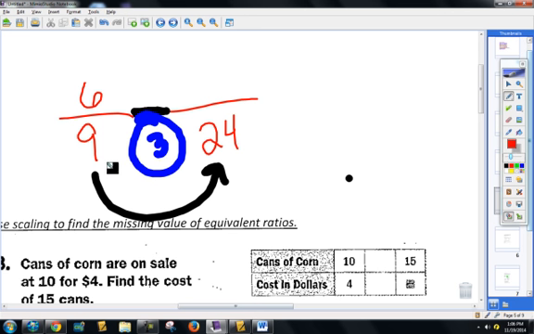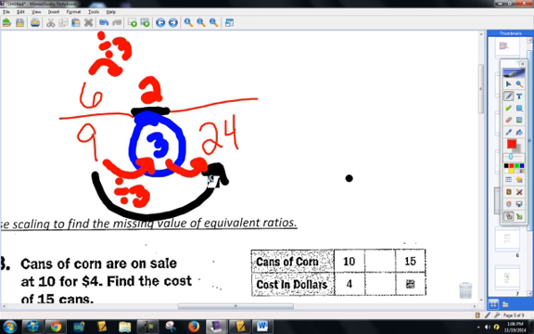What am I doing to go from 9 to 3? Divide by 3. So what do I need to do to 6? Divide by 3. So all I'm doing is creating equivalent ratios, right guys? What am I doing to go from 3 to 24 now? Ethan? Multiply by 8. So what do I got to do to 2? Multiply by 8. Do you guys see the value and the importance of being able to scale now?